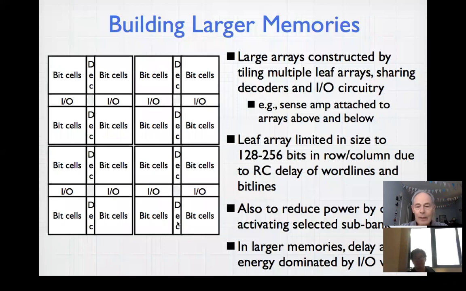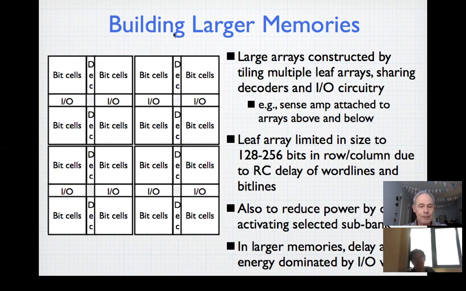The leaf array might be limited to 128 by 256 or 256 by 256 or something like that. The other nice thing about this is that by doing it this way, we can reduce the power consumption by only activating whatever array is currently being accessed. And the controller and the decoders can figure out which ones to activate.